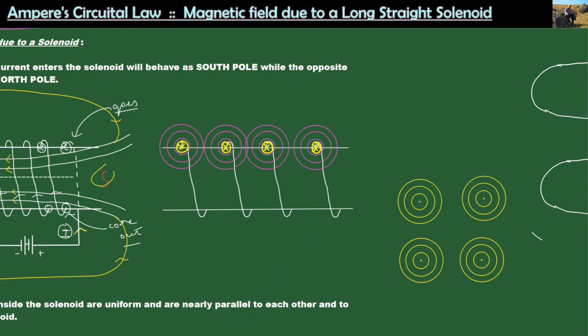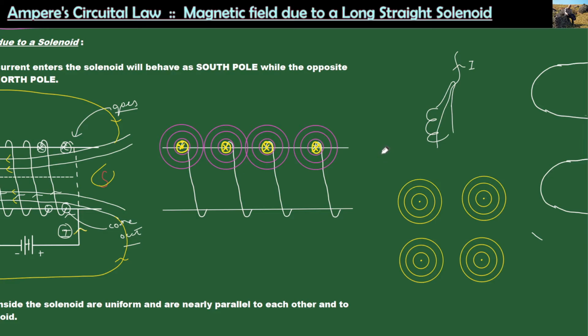If you use the right hand thumb rule, this is the thumb and this is the curl of the fingers, which gives the direction of the current. When you apply the right hand thumb rule, all these circular loops will represent the direction of your current element.